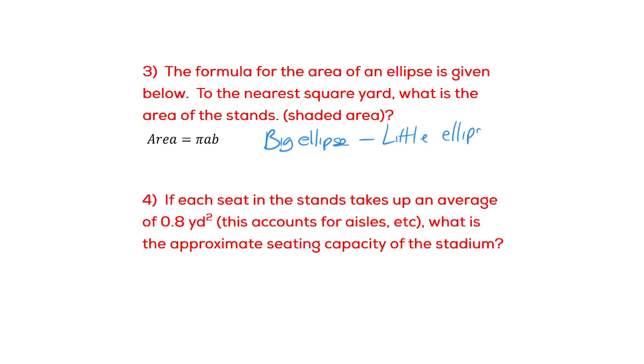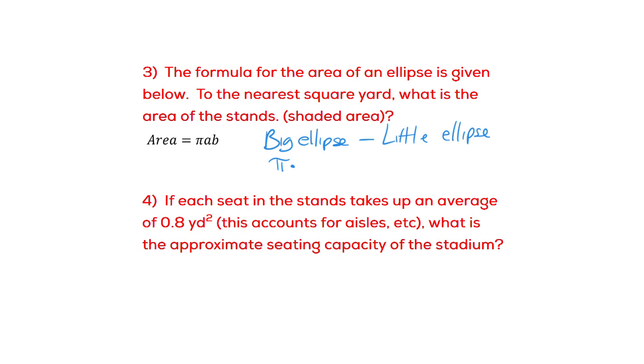So that's what I'm going to do, a little subtraction problem. So the big ellipse is pi times how far you went left and right and how far you went up and down. For the big ellipse, that was a 120 and a 100.